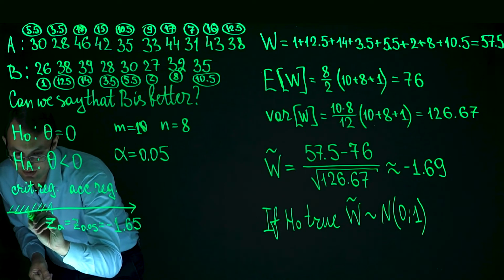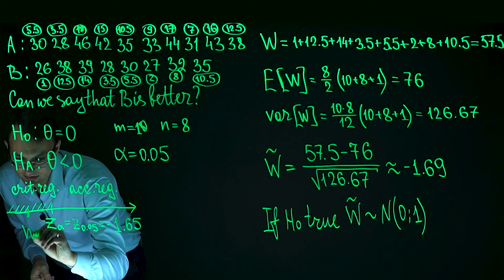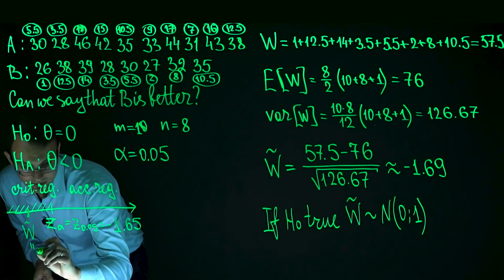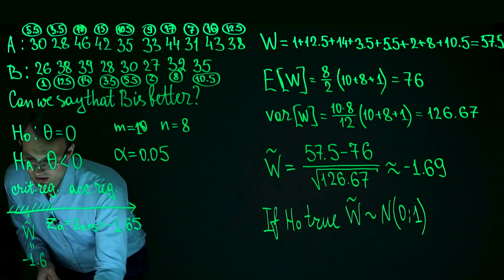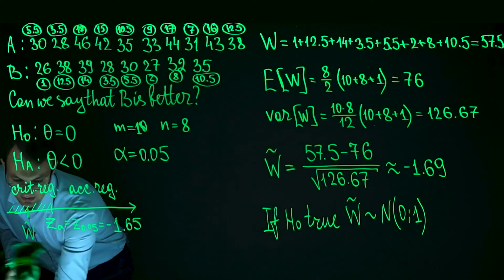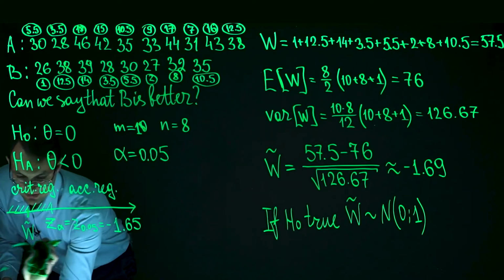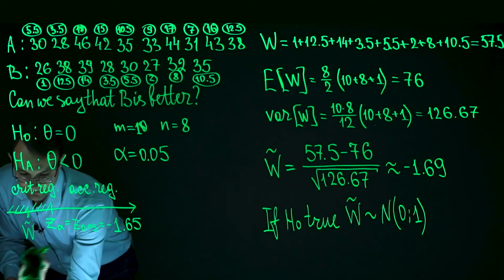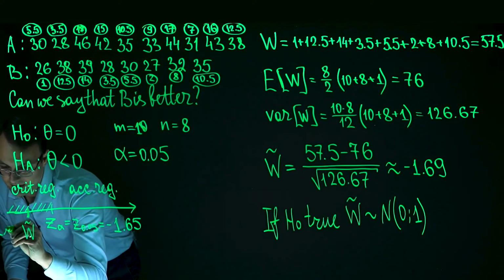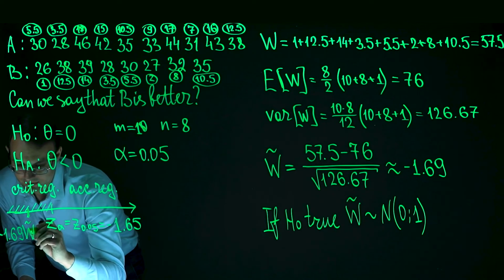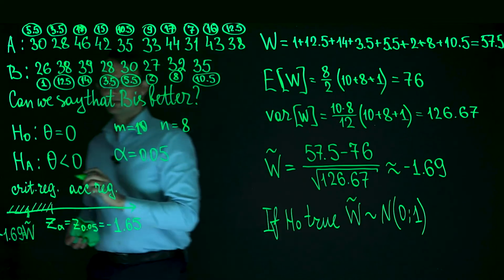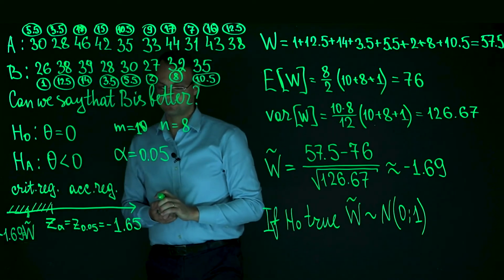We are somewhere here. Our W tilde is equal to minus 1.69. This is the value of W tilde.